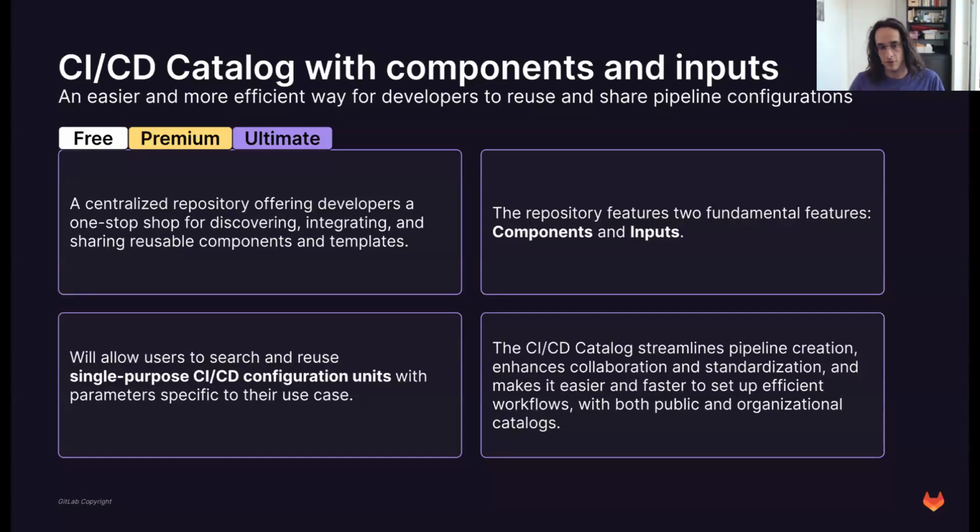To be honest with you, this will be the bulk of my presentation today because the CI/CD catalog is such an important piece, a bunch of features together, which again doesn't change fundamentally how your customers can work with our CI/CD features, our CI/CD pipelines, but it is such a big quality of life change.